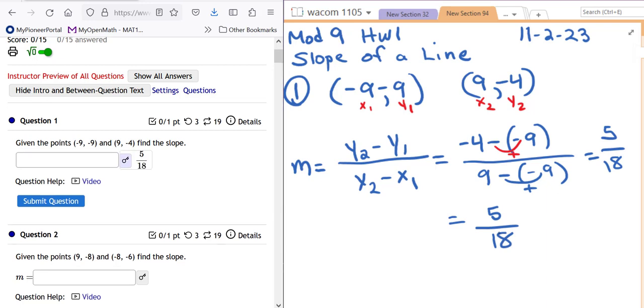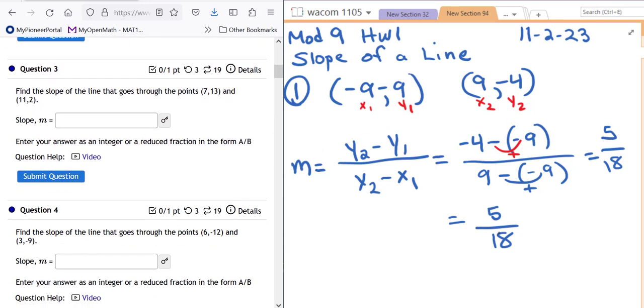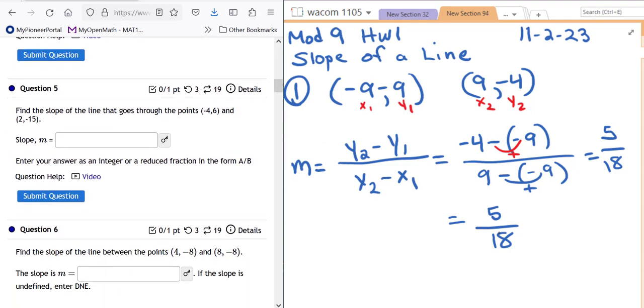All right, so that is using the formula. I thought I would skip some of these because they're all the same. You're just plugging into the formula. Label your points and be careful. Make sure your y's are on top. Okay, so I'm going to go down to question 6 because there will be more where we have to do that skill.